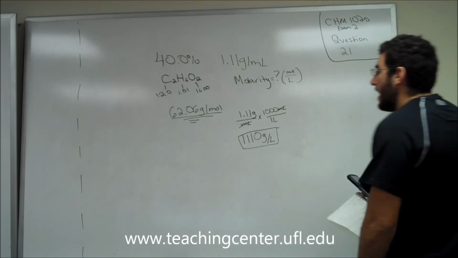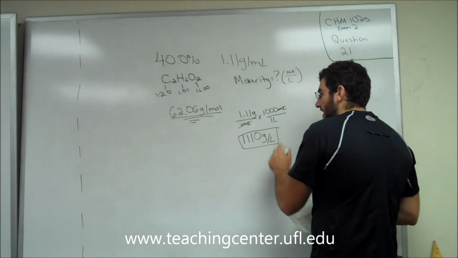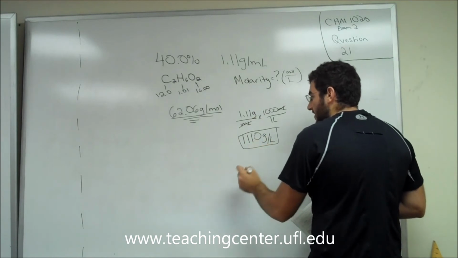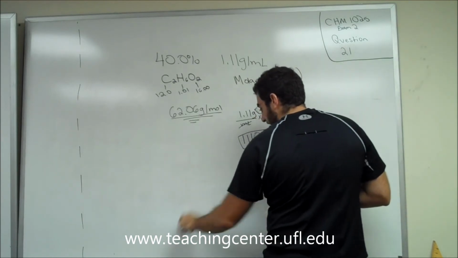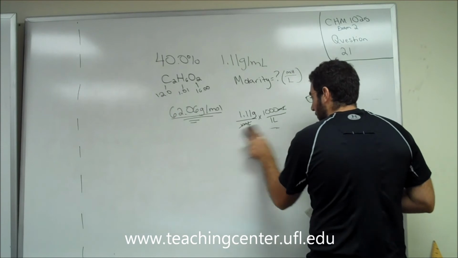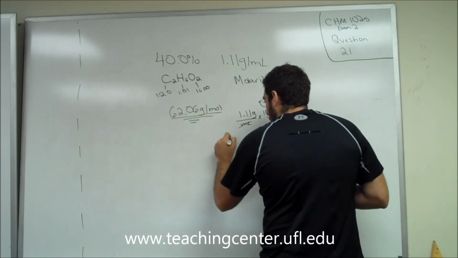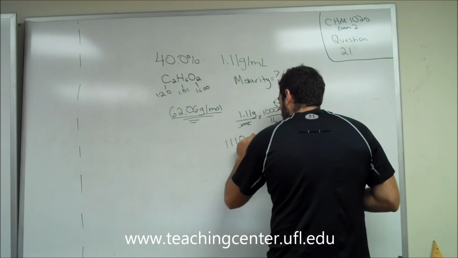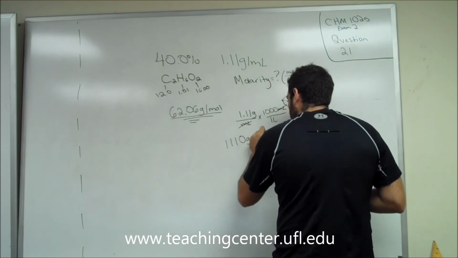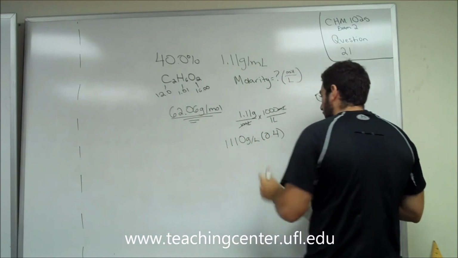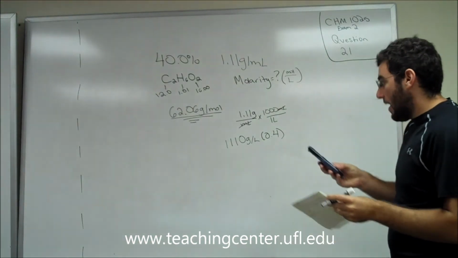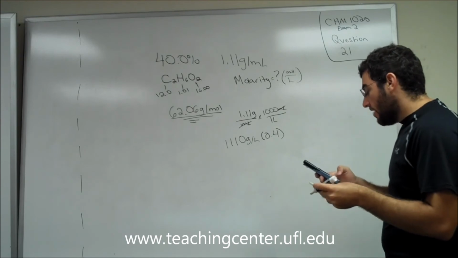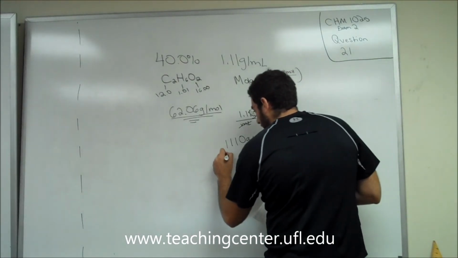So, if this is 1,110 grams per liter, we actually only use 40% of this. So what I'm going to do is I'm going to get rid of this number here. 1,110 grams per liter times 0.4, because that's only 40%. And that'll give us our actual mass used, which is 444 grams per liter.